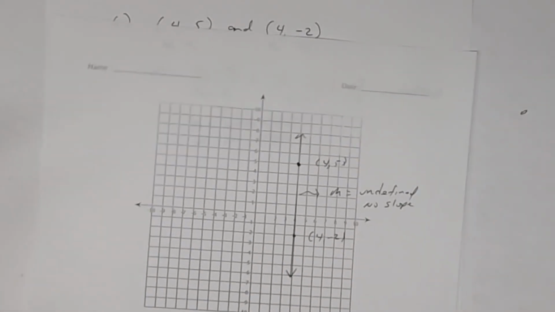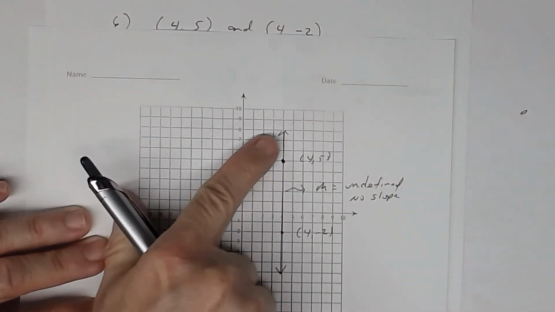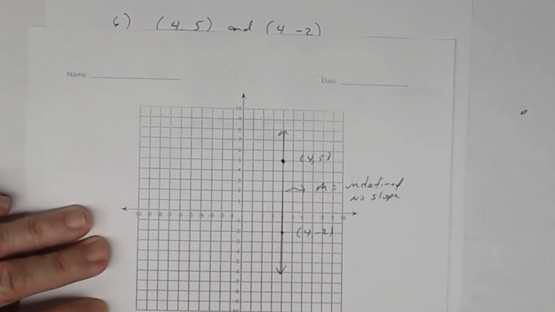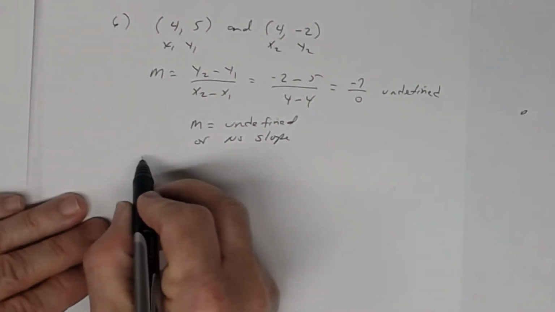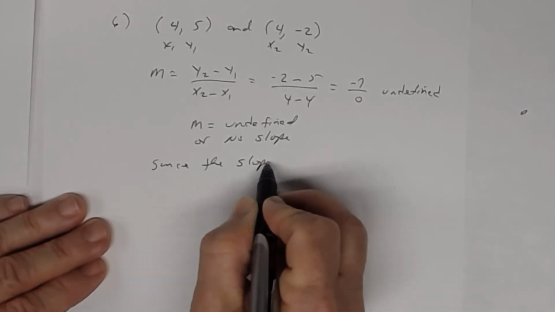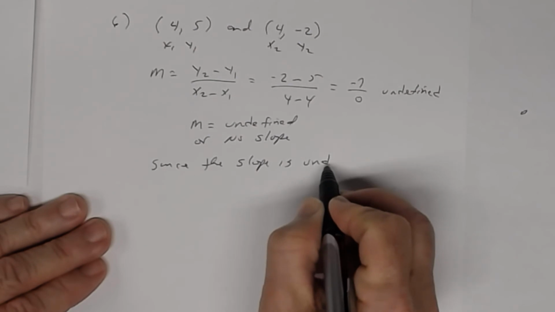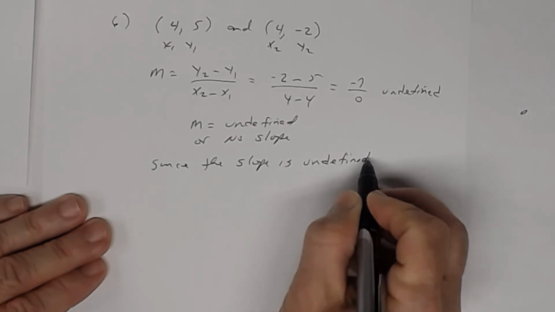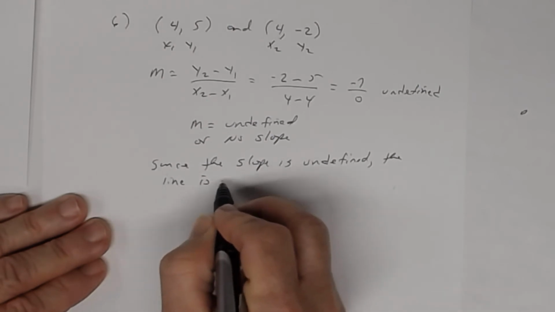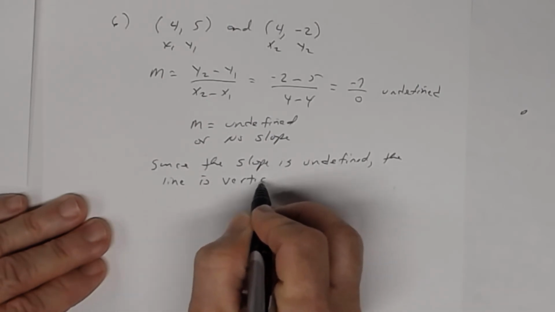So the slope of a vertical line, there is no slope, or we can say undefined. So we're going to say this. Since the slope is undefined, the line is vertical. The line is vertical.